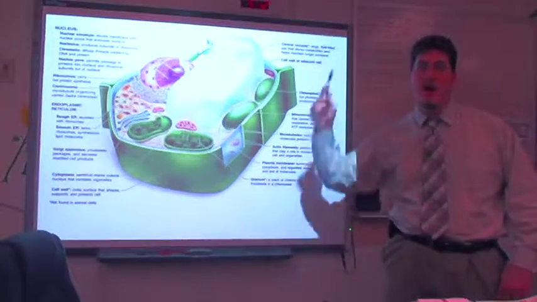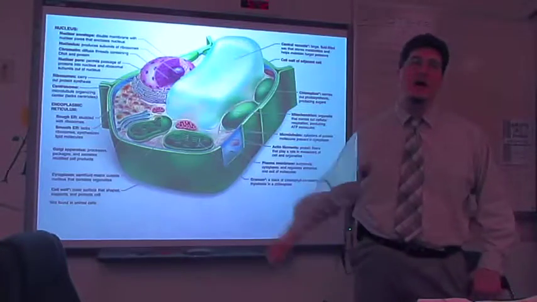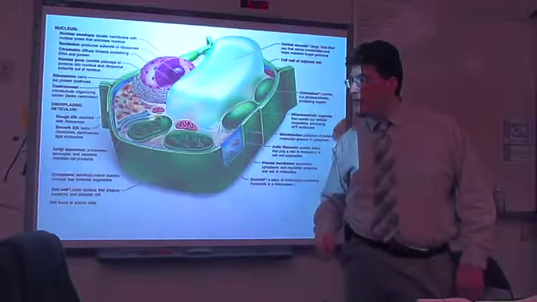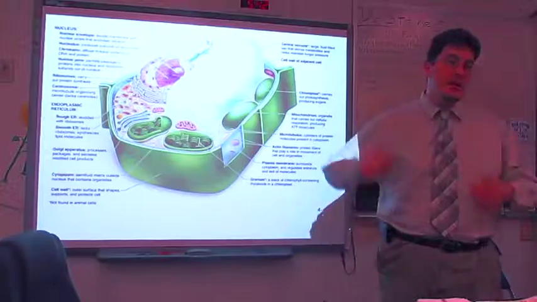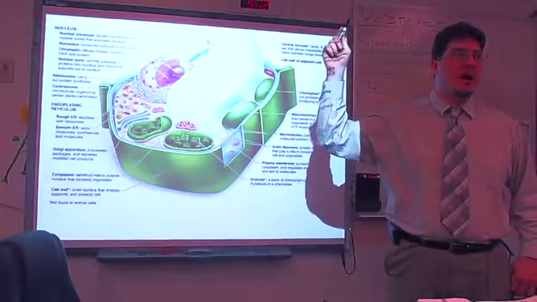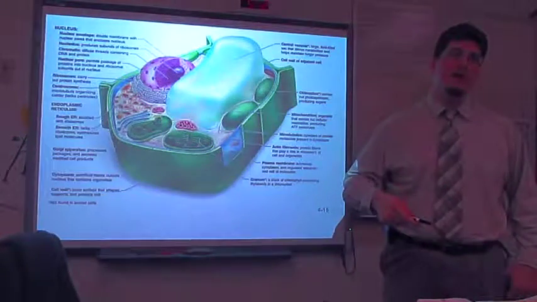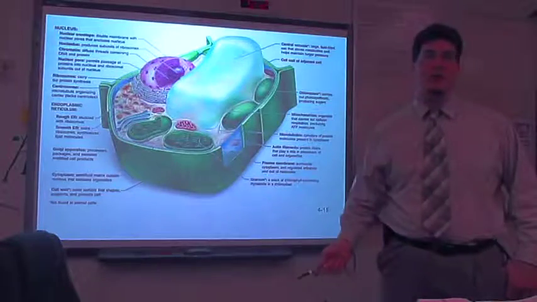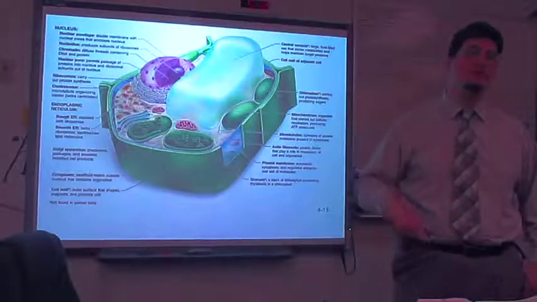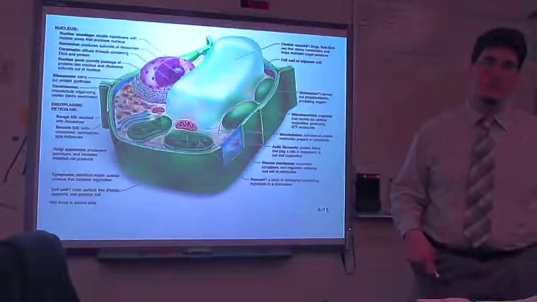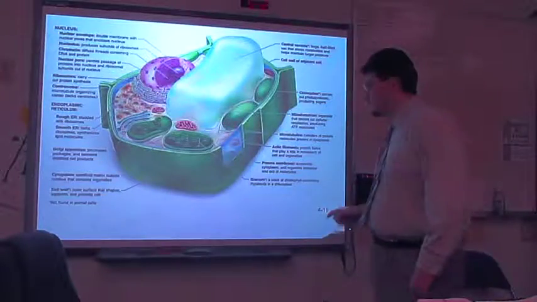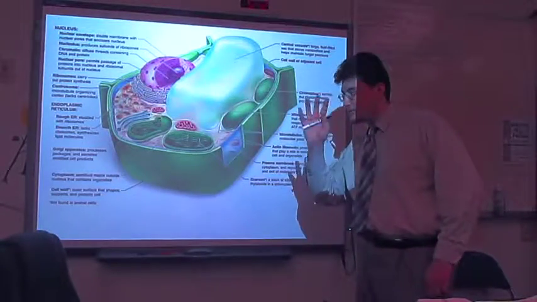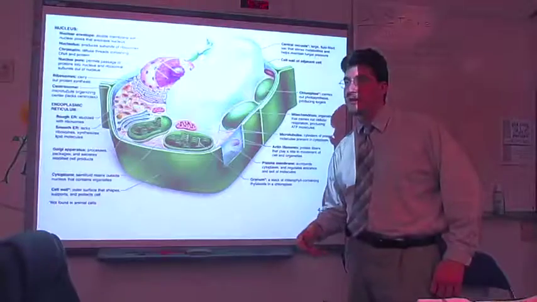For mitochondria, food in, ATP out. For chloroplasts, light and carbon dioxide in, sugar out. Sugar and ATP out. There's a little more to it, but I don't have the slide in front of me to read it off properly.